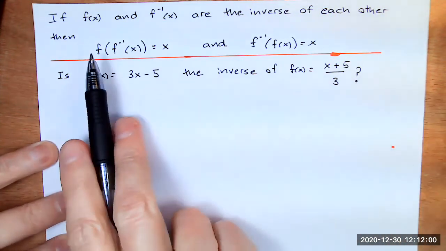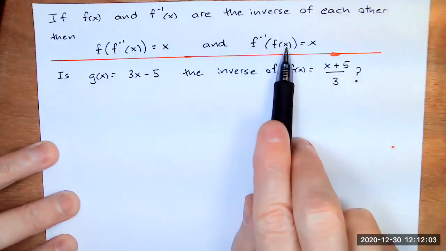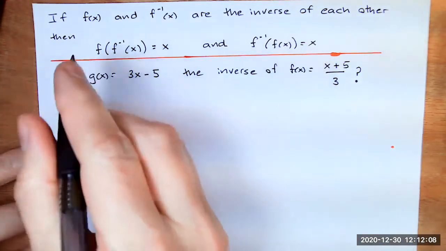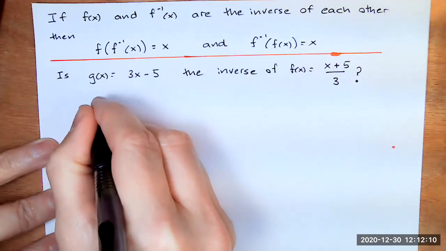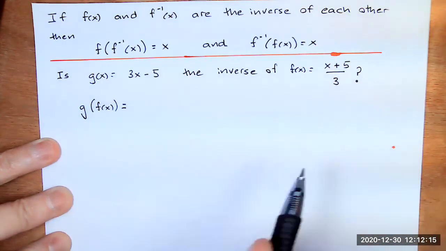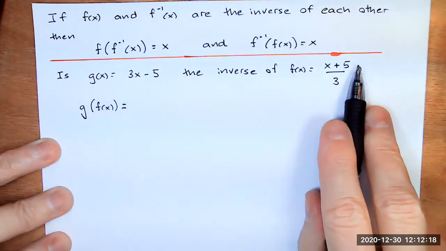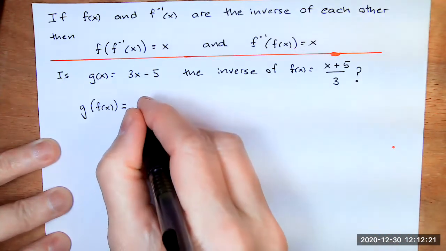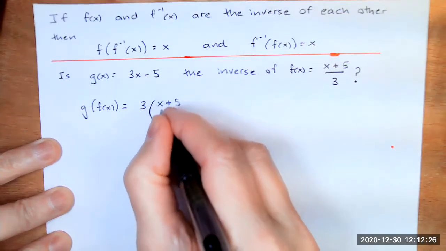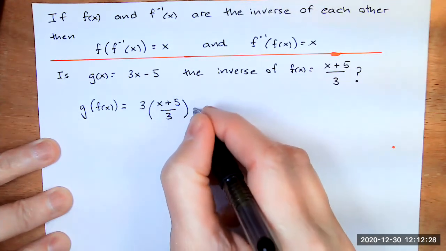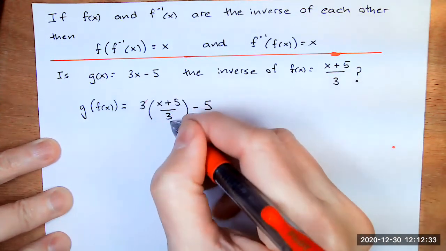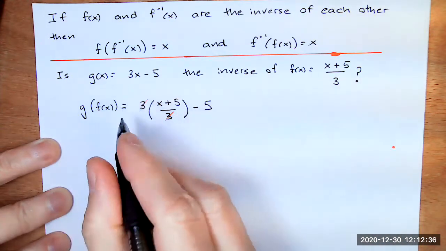All right, so it doesn't matter which one is the inside and which one is the outside function, but if you compose them, you should get x. So let's just try g of f of x. Wherever you see x, we're going to put f of x. So that's 3 times x plus 5 over 3 minus 5. 3 divided by 3 is equal to 1.